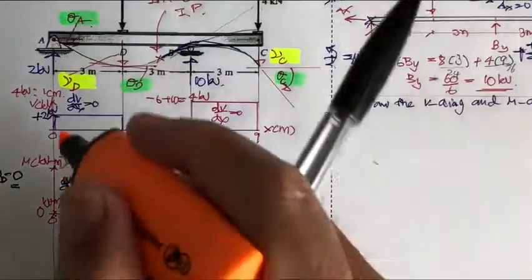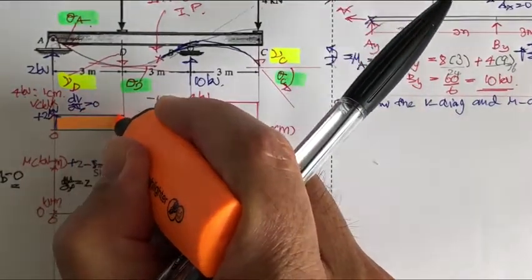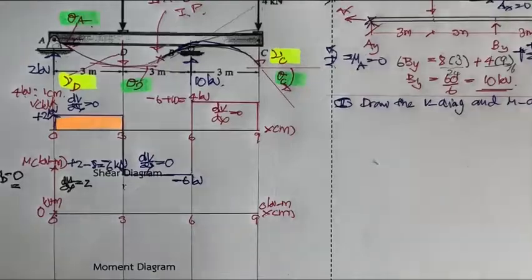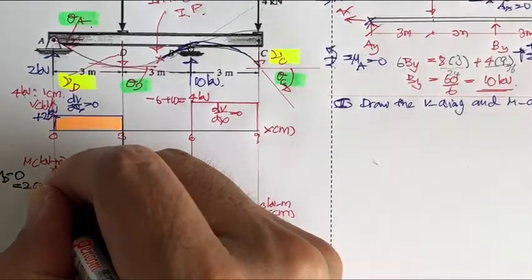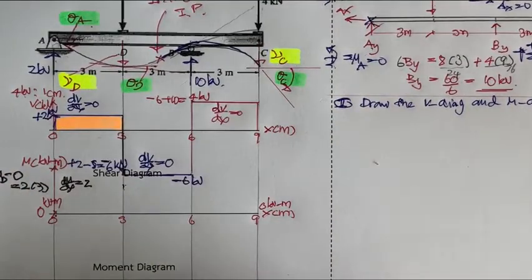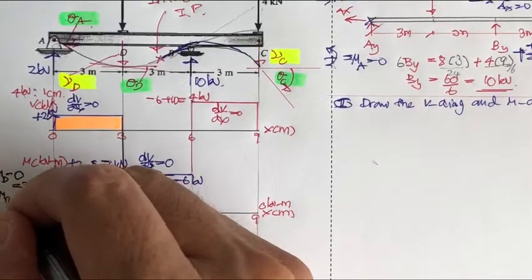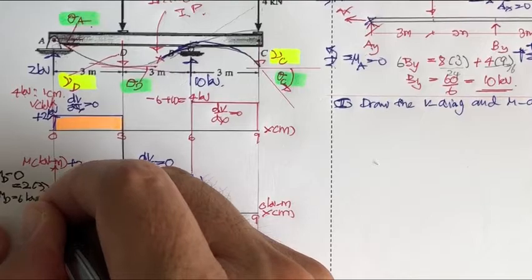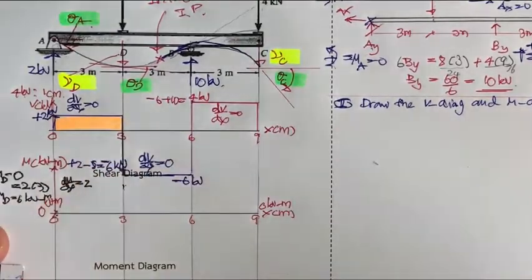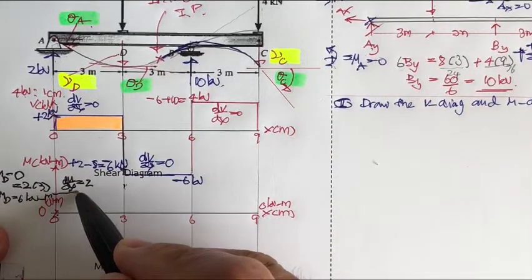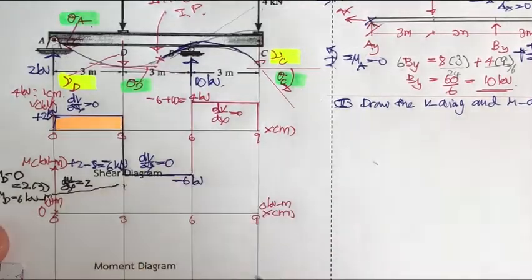The area here is going to be 2 kilonewton times 3. So it's going to be 2 times 3. And then you're going to get M sub D of 6 kilonewton meter. Okay, that is going to be the value of the moment over here.